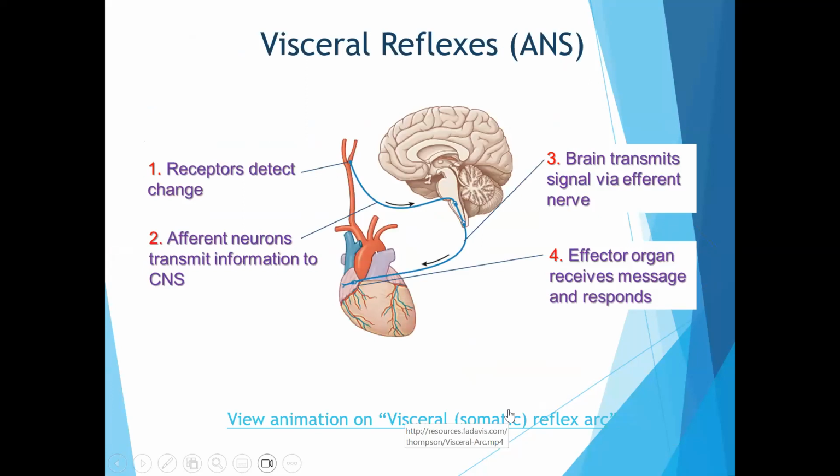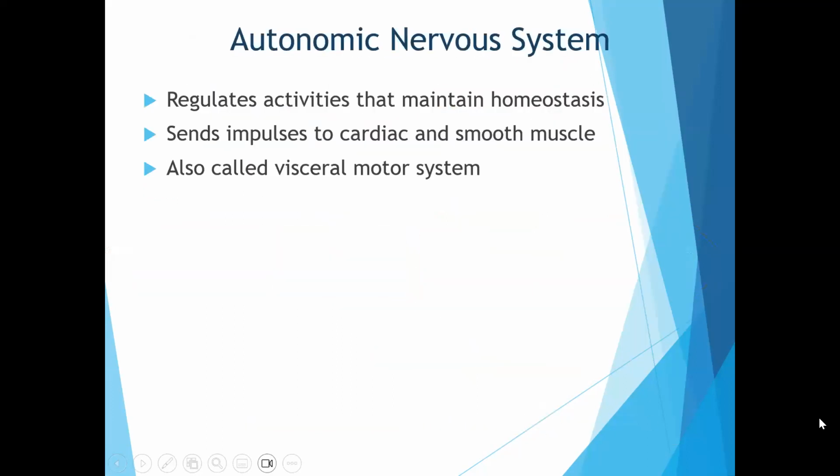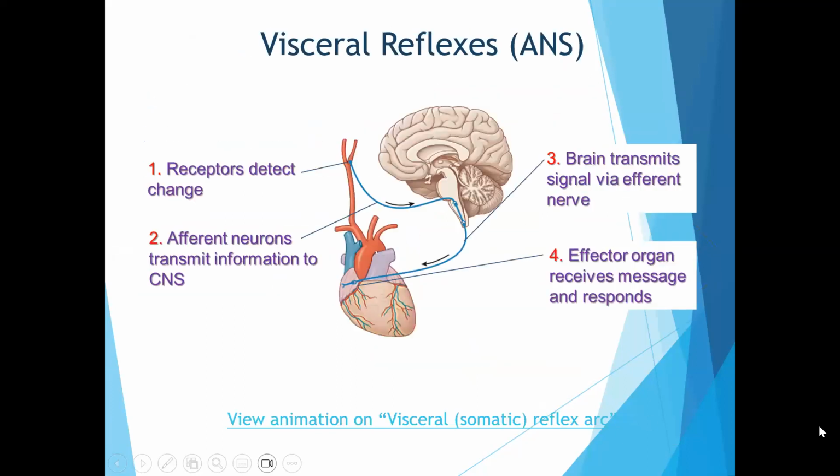Okay, so the way reflexes work in the autonomic nervous system. So think back to our negative feedback loops. So the negative and positive feedback loops are largely controlled by the autonomic nervous system. So what happens is the receptors, in this case, the heart or in an organ, detect a change.